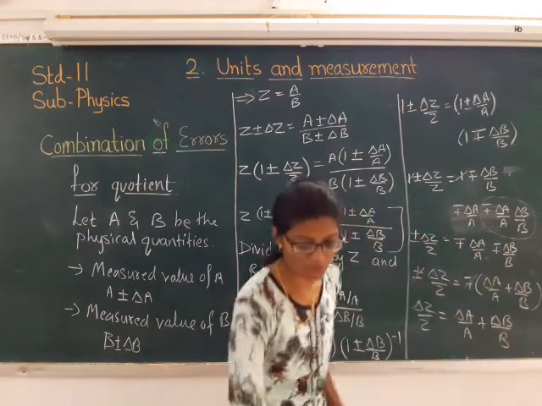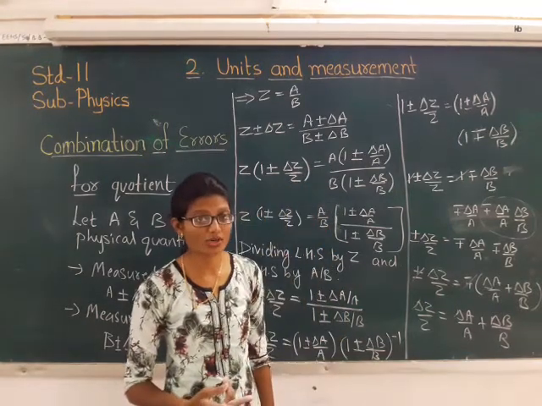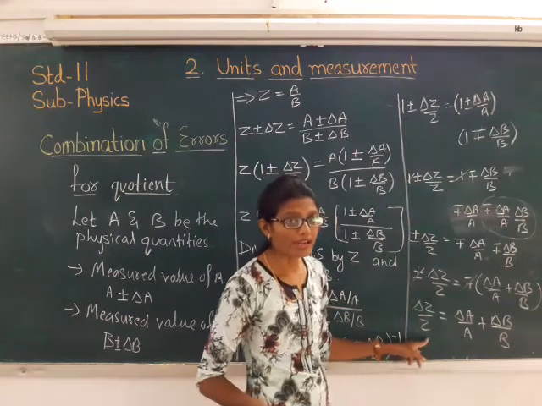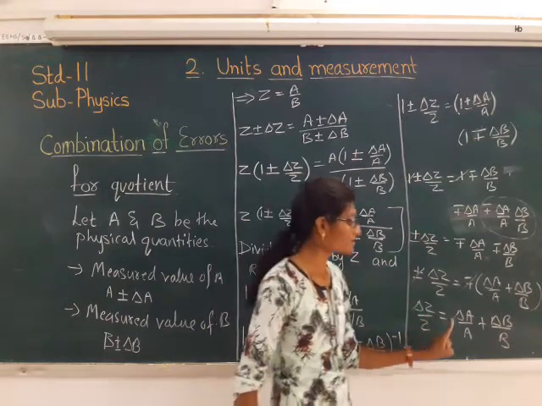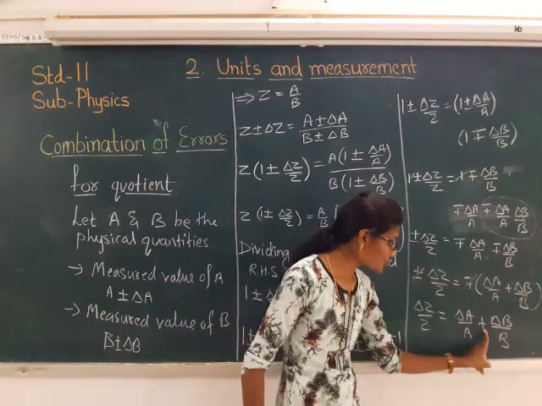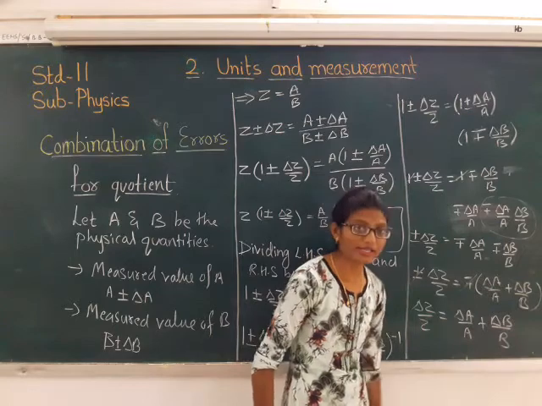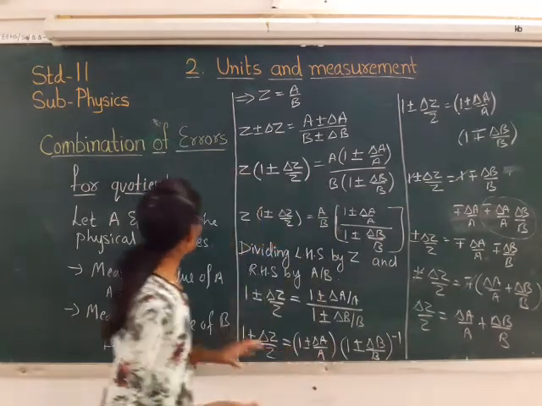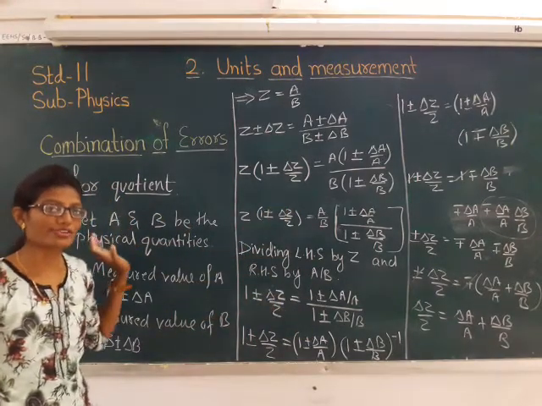And this shows that when you are taking the division of 2 physical quantities, the relative error in the result is equal to the summation of the relative errors in the individual quantities. It is the same as that for the product. So first note this down, then I will write the rule for the division.